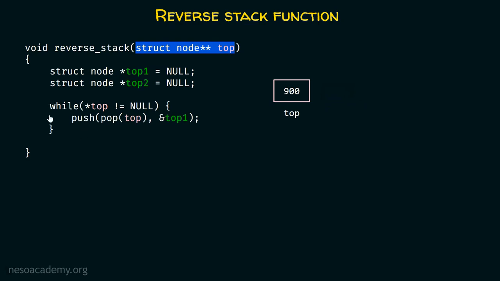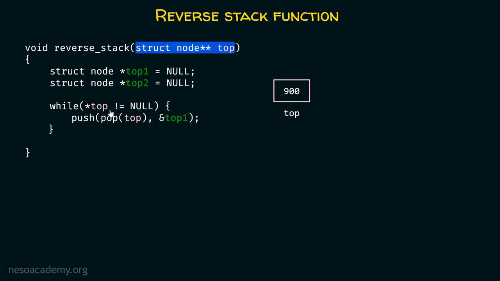After this, we need this piece of code, that is while star top not equal to null, push pop top, comma, ampersand top 1. Let's try to understand this code. What do we mean by this? While star top not equal to null. Top gives this address 900, and star top means we are trying to access the top pointer of the original stack, right?